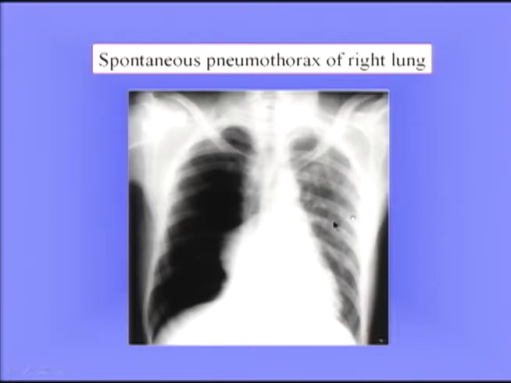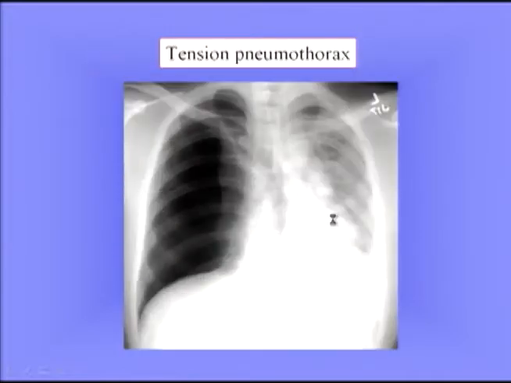Sometimes you can get what's called a tension pneumothorax, and here you have a check valve which allows air to get into the pneumothorax during inspiration, but it can't get out. And you gradually develop a pneumothorax with a high pressure. And this is a potentially very dangerous situation. You get displacement of the mediastinum, and I can just see the trachea here, which has been displaced to the left.